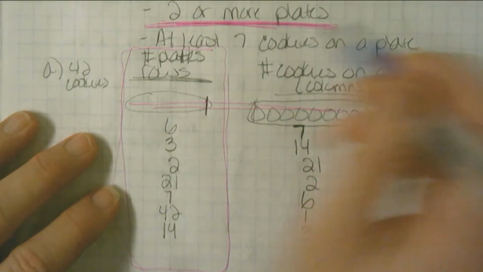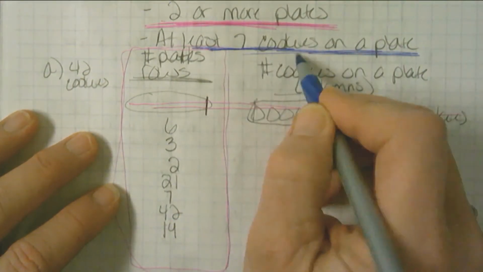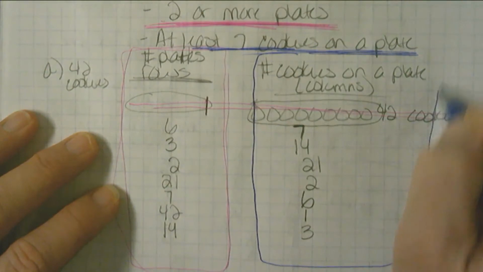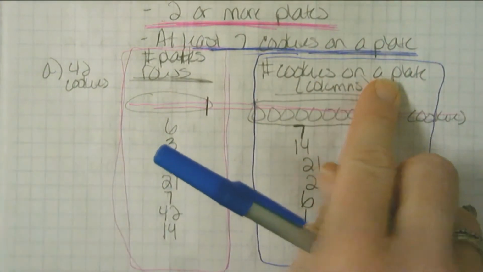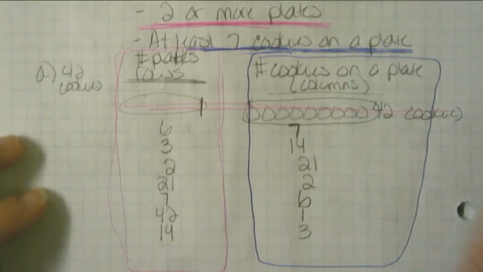All right, now at least 7 cookies on a plate. Well, that is our number of columns, because our number of columns are cookies on a plate. This is why it's really important for you to say what the data is. I don't want to just see rows and columns. I need you telling me if it's rows of seats, obviously it's rows. But here it's number of plates. So, at least 7 cookies on a plate.